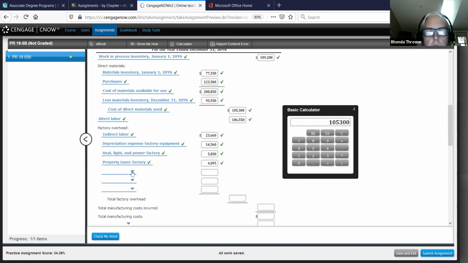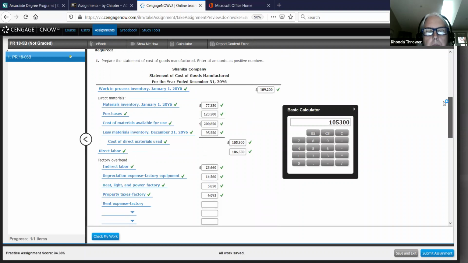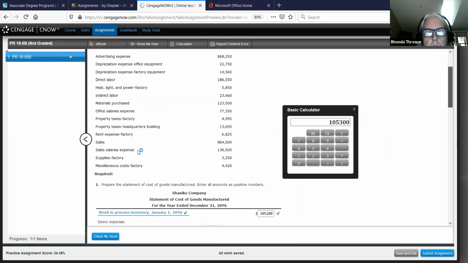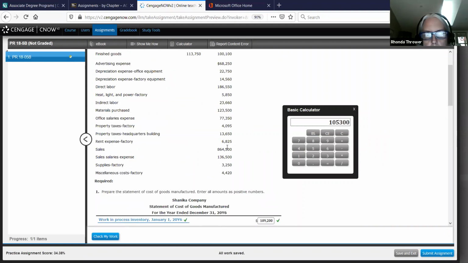The next type of factory overhead account is your factory rent expense. And that amount is $6,825.